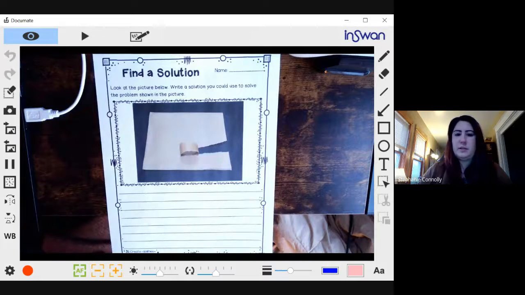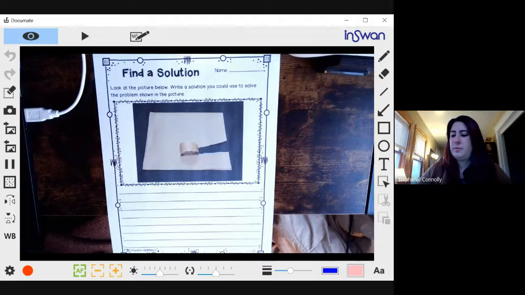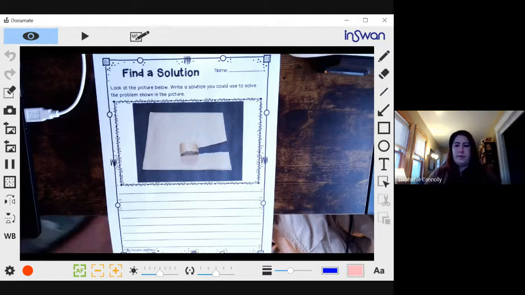I need you to look at the picture and write a solution for how you could solve that problem shown in the picture. So we have a piece of paper that looks to be ripped, right? Pause the video, think about the solution, think about the problem, and then write down what you could do to solve the problem. Pause the video. Whenever you're ready, unpause the video.